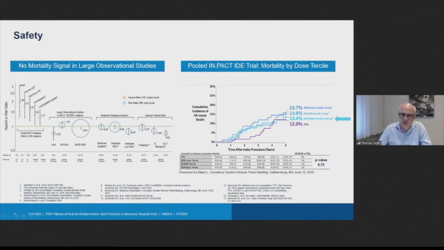Post-hoc analysis and analysis relating drug doses to mortality did not confirm any relation between drug dose and mortality risk.